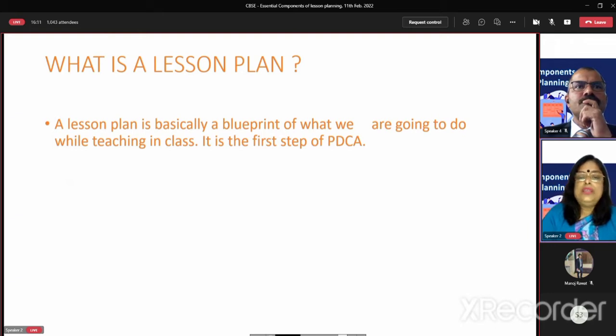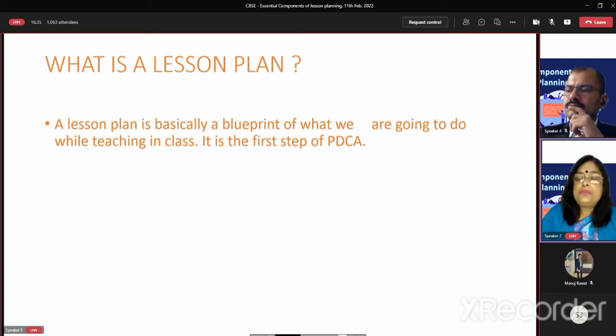For that, we need to follow PDCA. This is a term I got from the CBSE manual and the changes that are going to come through NEP. PDCA means planning, doing, checking, and acting.